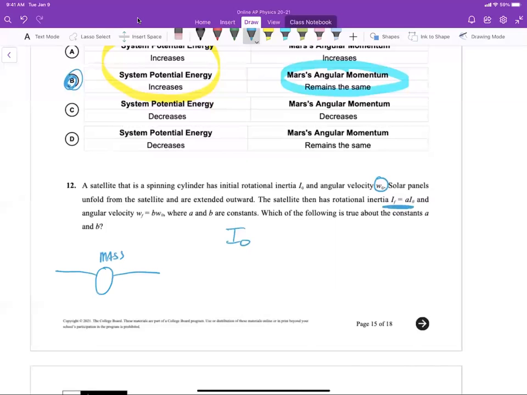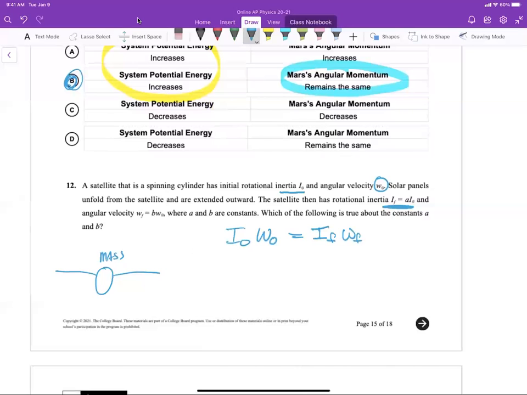So let's go back and see. Its initial inertia was I sub naught, and its initial angular velocity was omega sub naught. Okay, the solar panels unfold. This is all internal. There's no outside forces. So I know that the I final times its angular speed final has to equal that.